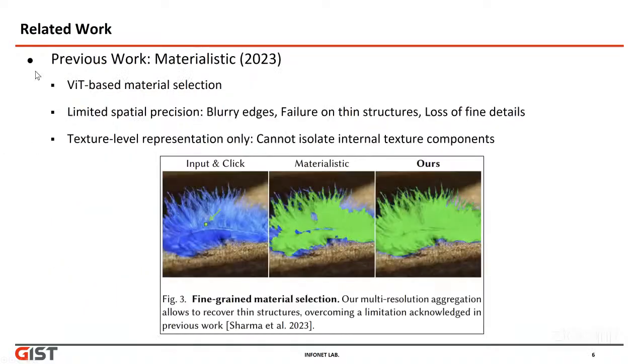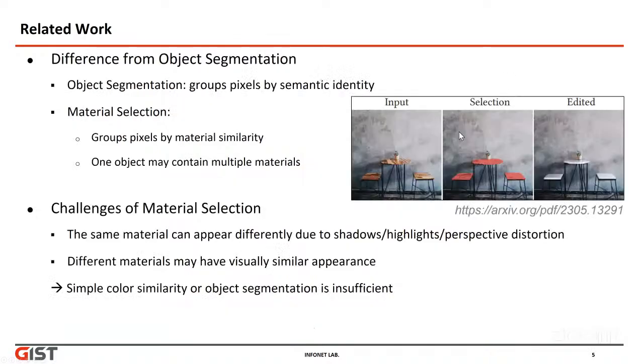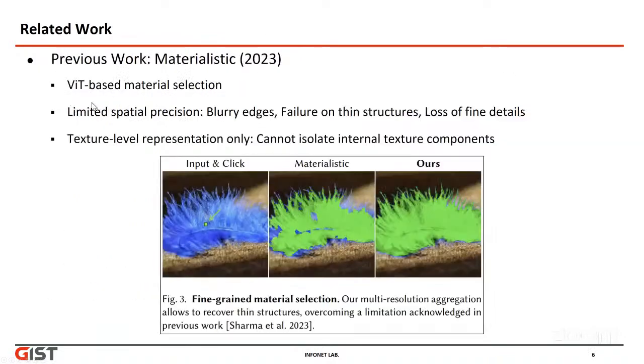There's a previous work called Materialistic, which was released in 2023, and this example is from that paper. It is ViT-based material selection, and it is limited in spatial precision.